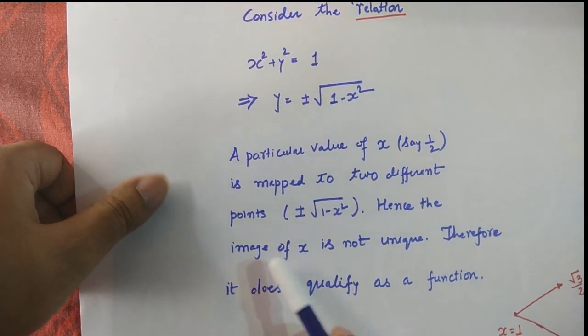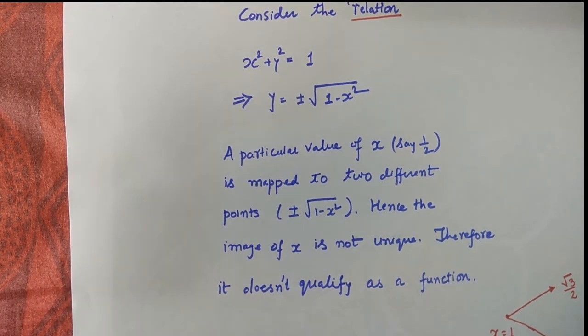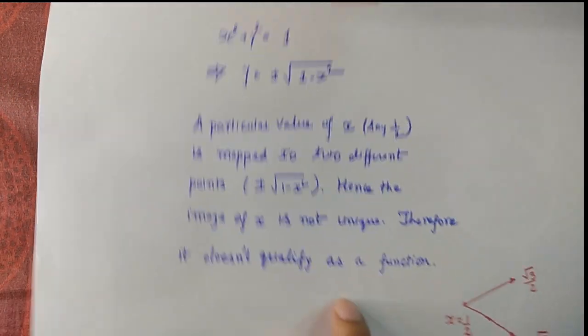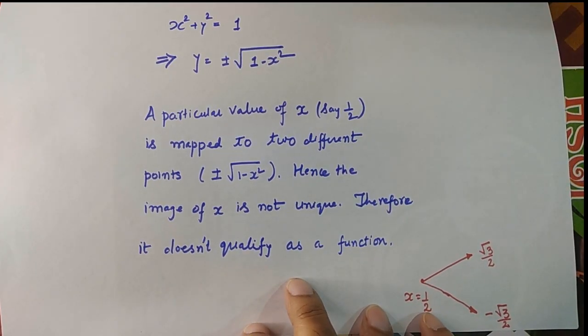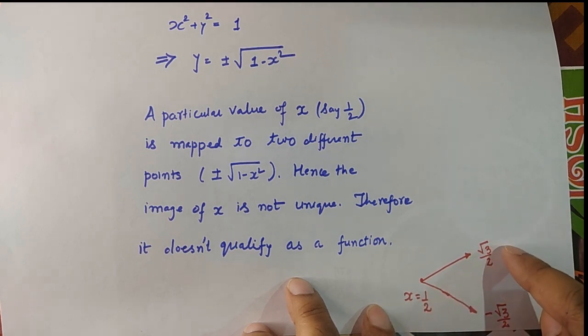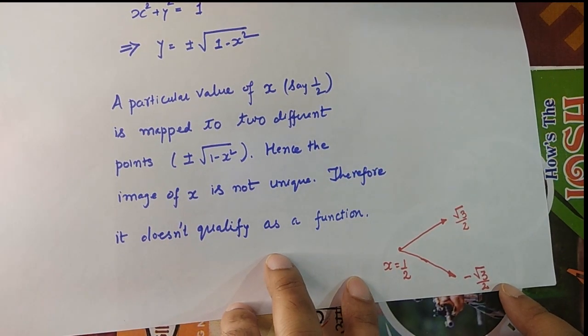Hence, the image of x is not unique. Therefore, as per our definition, this does not qualify as a function, because the point x equal to 1 by 2 is simultaneously mapped onto two distinct points, namely root 3 by 2 and minus root 3 by 2.